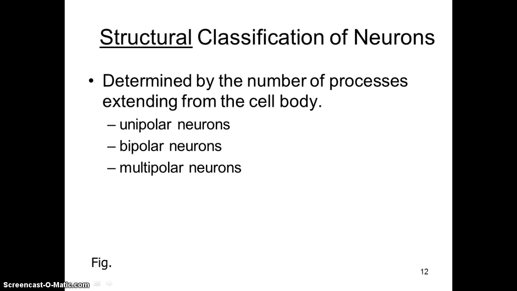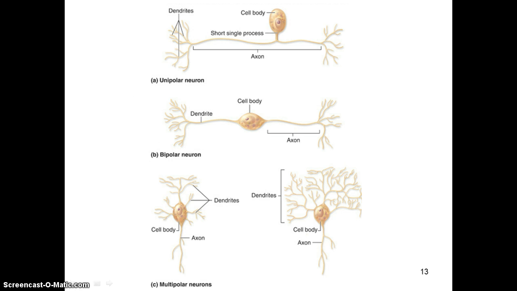We can also structurally classify neurons based on how they physically appear. So we're looking at unipolar neurons, bipolar neurons, and multipolar neurons here in the next slide. All right, so unipolar neurons are shown at the top here, where you see the cell body, and there's only one process extending away from the cell body.